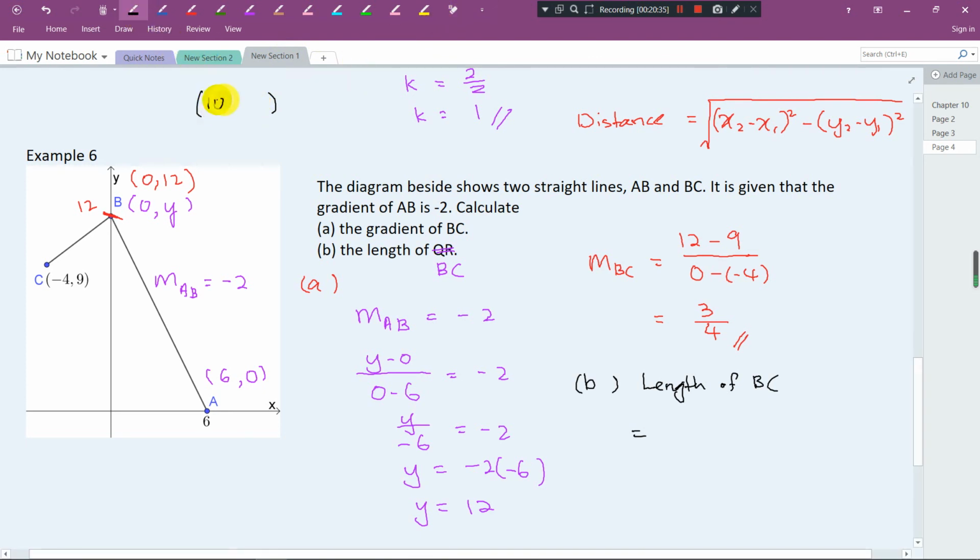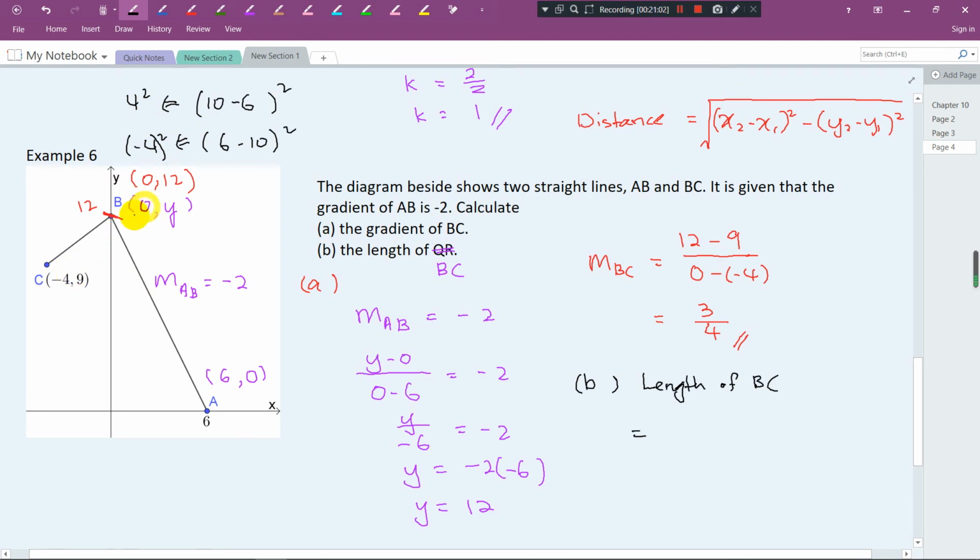Let's say you have 10 minus 6 square, or 6 minus 10 square, you get exactly the same thing. This is 4 square. This is negative 4 square. Oh, if I write this way, it's not correct. Put a parenthesis. So both will give you the same answer, 16. Okay, so I just take negative 4.